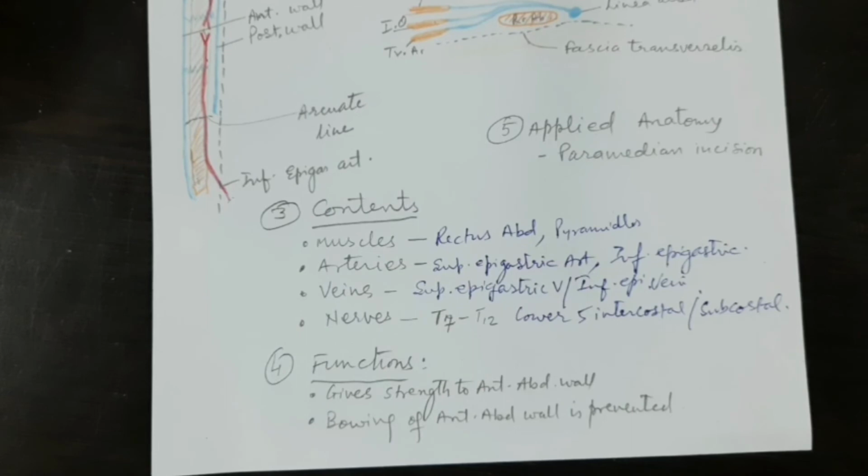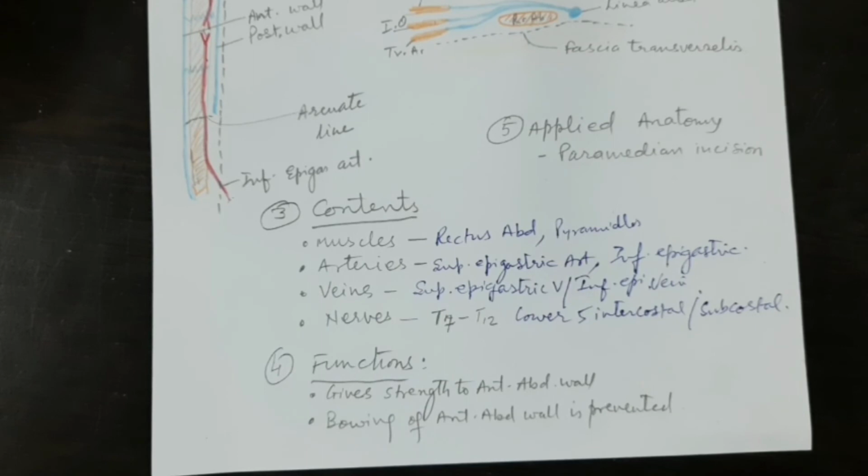But even when the muscle is contracting, it does not bulge like a bowstring. That is the purpose of the rectus sheath: when the muscle contracts, it should not bulge out.